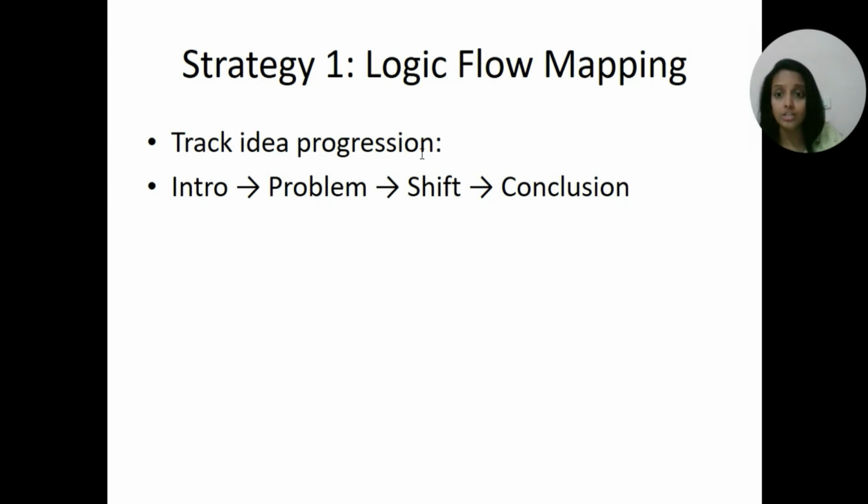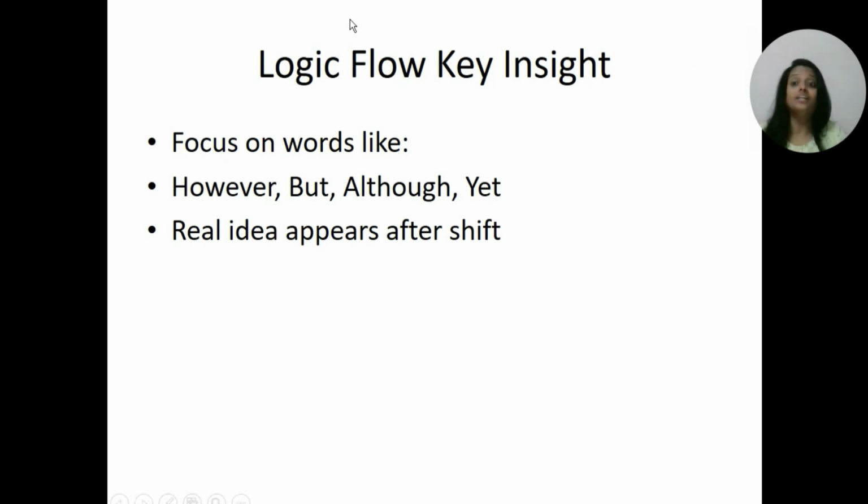So what you should do here is, instead of reading line by line, ask yourself what is happening in this sentence. Is the author introducing, contrasting, criticizing, or concluding? The critical insight is that the real answer is usually after words like however, but, although, yet, because.